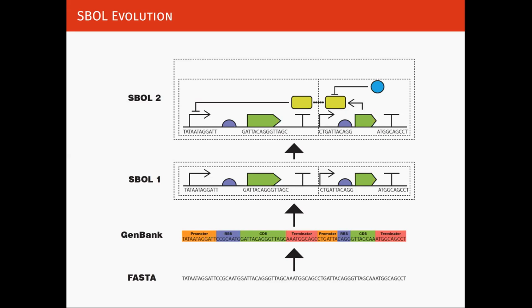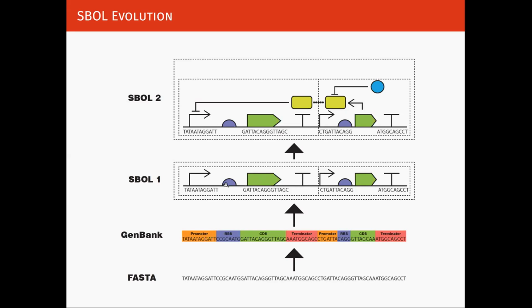So SBOL version 1, which I said was created about 8 or 9 years ago, incorporated two major enhancements over GenBank. One of them was the ability to express designs with incomplete sequence information. For example, as shown here, I've got a promoter and I might know the DNA sequence for the promoter, and I've got a coding sequence and I might know its sequence.